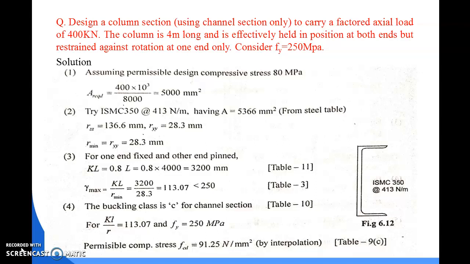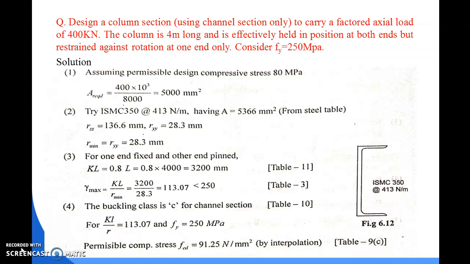The first one is your factored axial load, which is 400 kilonewton, given in the question, and the second factor is the permissible design compressive stress, which we took as 80 MPa, by which we got the value of area required, which is 5000 mm square.